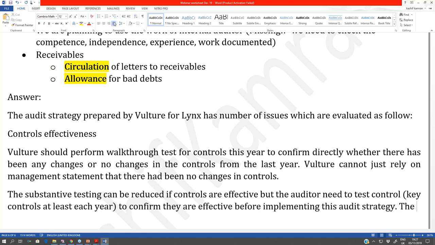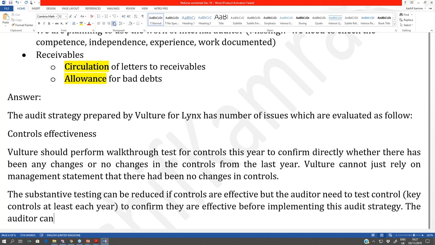The auditor cannot rely on the last year conclusion. Your last year conclusion was controls are effective. And based upon the last year conclusion that the controls are effective, you are saying that the substantive procedures should reduce down. Should you not test controls each year?